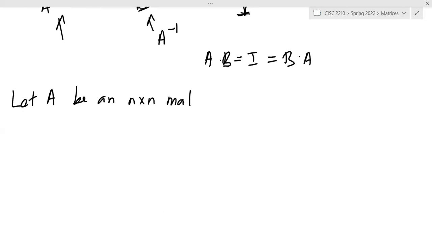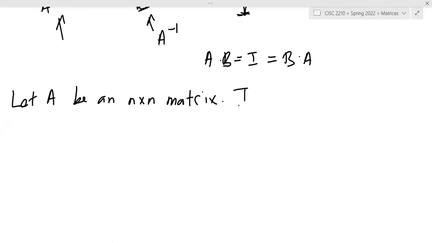This idea of matrix inverse only applies to square matrices, n by n matrices. So if it's, let's say, a 4x3 matrix, it's not going to have an inverse. But if we have a square matrix, n by n, then there might be an inverse. Even here, there isn't always one.